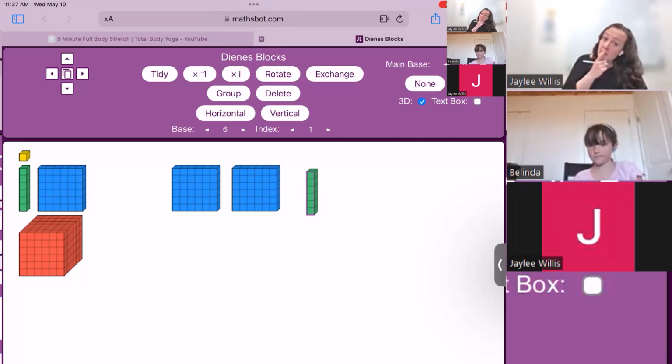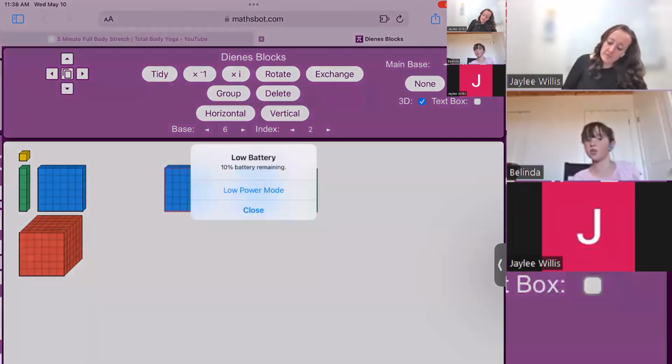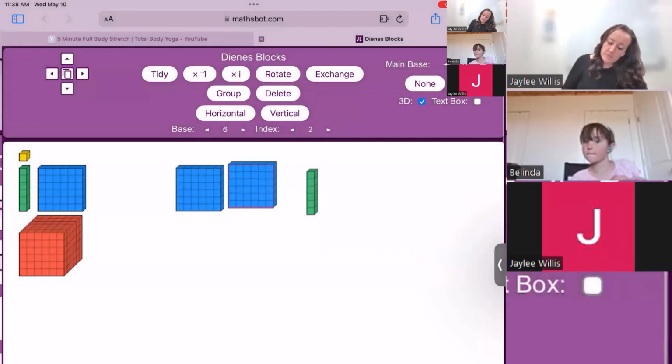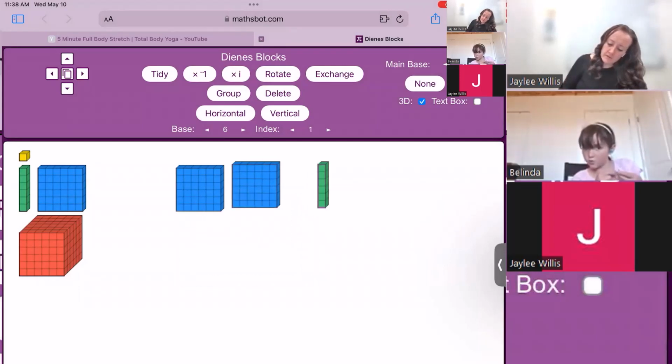But maybe not, because it might combine with some of them. So we have 85, and this is 72. This green one doesn't count as a 72. So what I'm asking is, do we want to charge a green one?